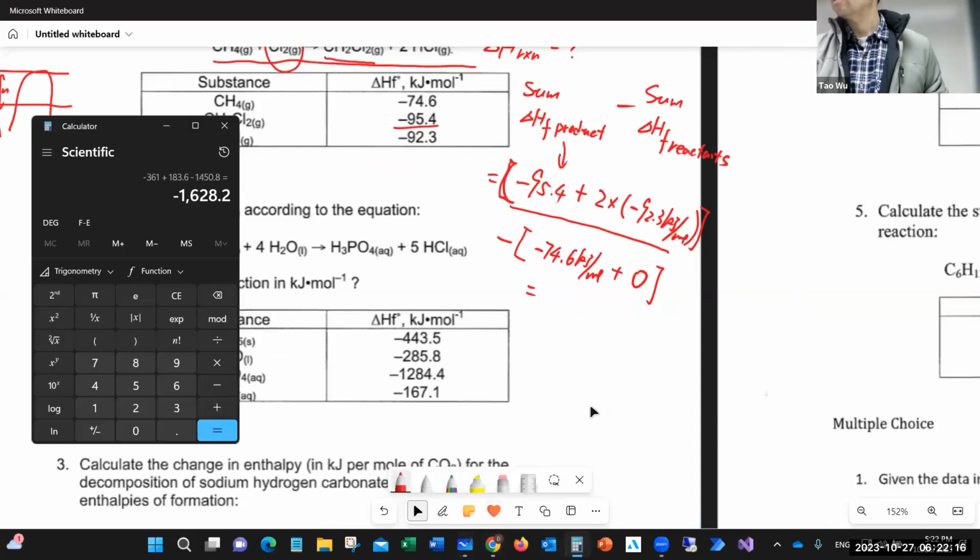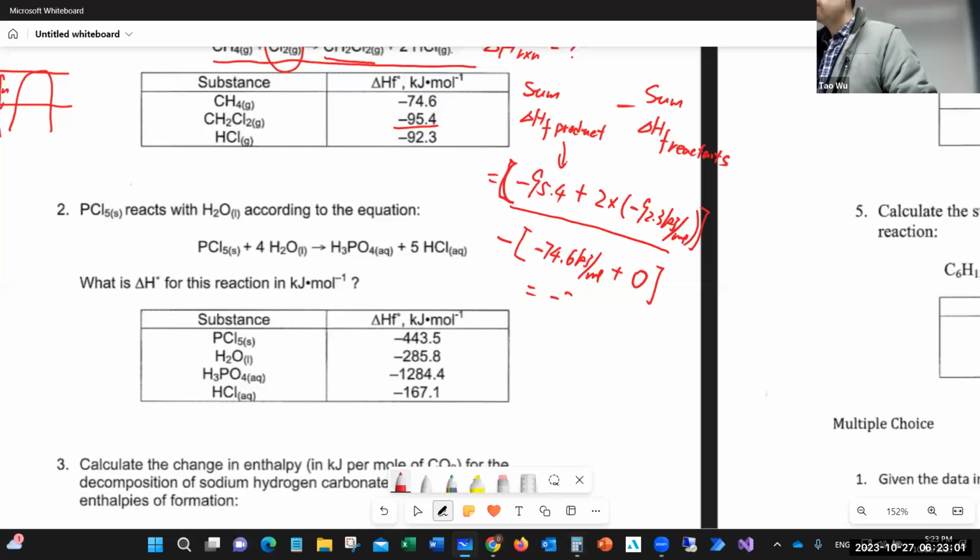Then you can figure out the enthalpy of the reaction. Negative 95.4 plus 2 times negative 92.3 is the product sum. You subtract negative 74.6 plus 0 for the reactants. The difference is the enthalpy of the reaction, so negative 205.4 kilojoule per mole.